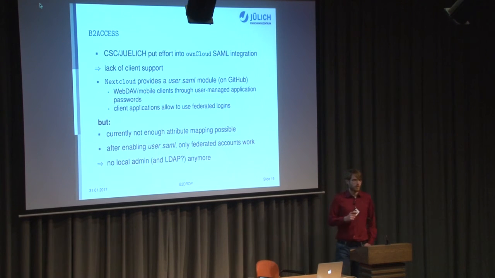The attribute mapping is not that flexible. So right now, we are not able to map sufficient attributes. And after enabling user_saml, local logins no longer work, and also no LDAP anymore. Currently, we are heavily relying on a local LDAP. So that's a showstopper here. We hope that we can help to enhance the situation in the near future.